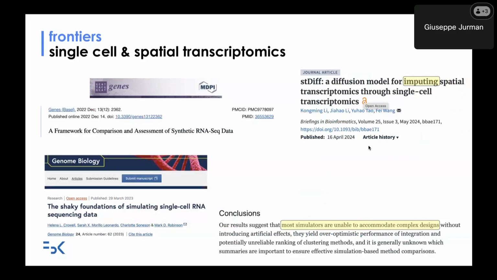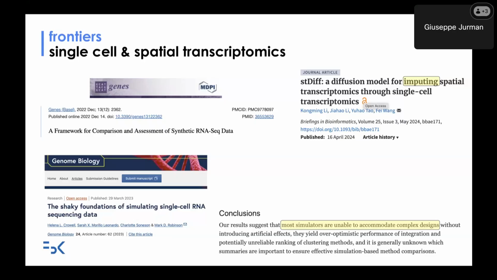Clearly, although these are very recent, frontier techniques, they still have problems, for instance, with very old ones like imputation, okay? So blank spaces also occur for spatial transcriptomics.